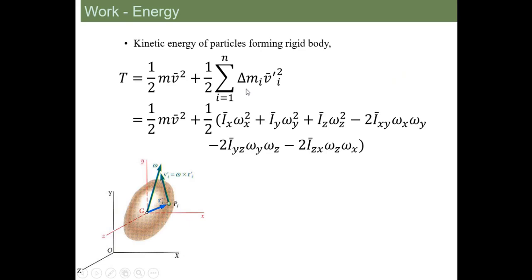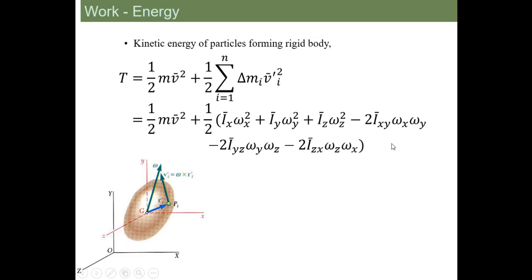For 3D, we're going to do the same thing for energy that we did for angular momentum. When we add up the velocity of each piece of that object, that turns into a huge integration, and we end up with products of inertia again, as well as Ix, Iy, and Iz.